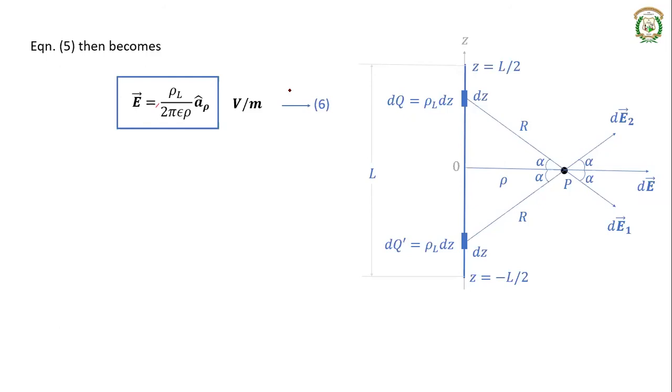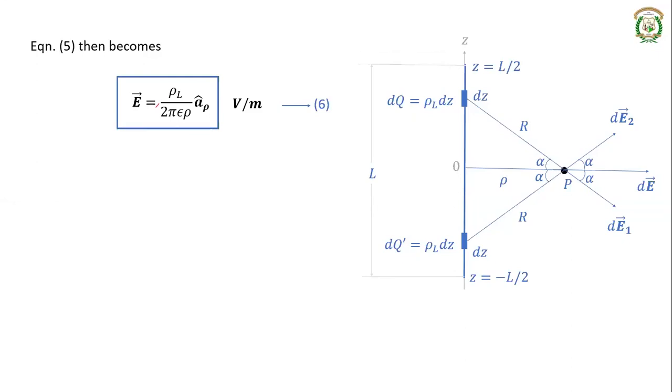So here what we have considered is a line, then we have considered a differential length which is equivalent to a point charge. So we have taken the electric field intensity due to a point charge, then integrated over the entire line, we get the electric field intensity due to a line charge. When we consider a surface charge or a sheet of charge, we will consider line charge.